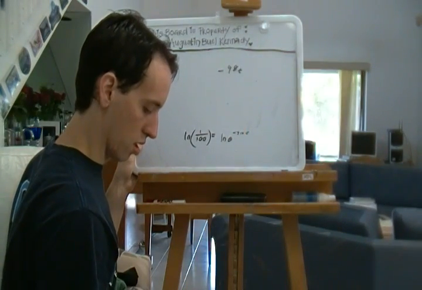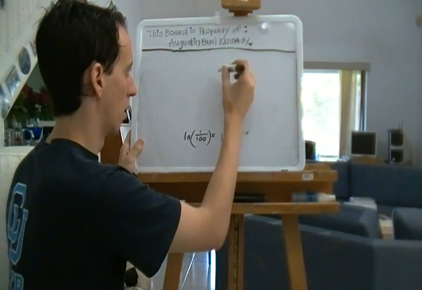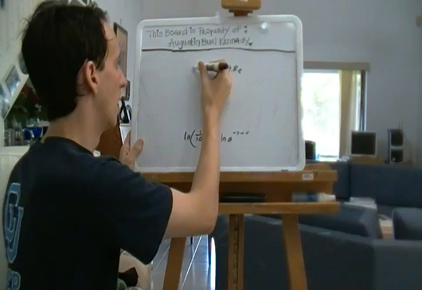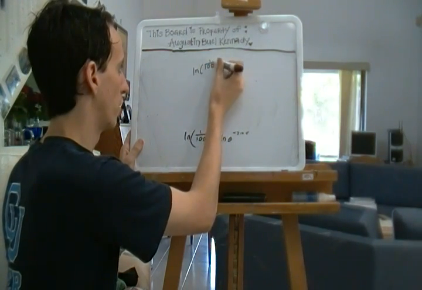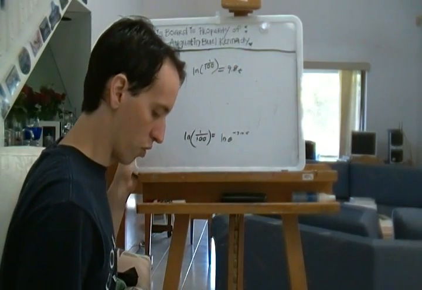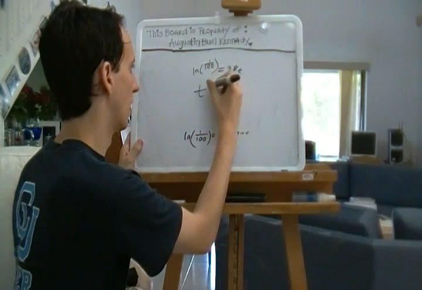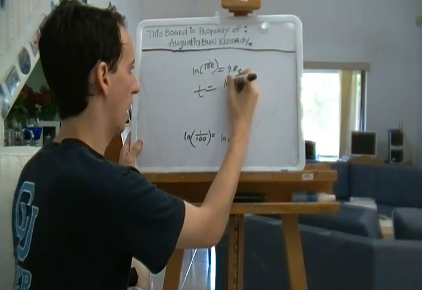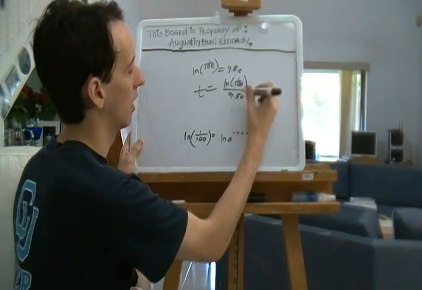We get negative 9.8t equals ln of 1 100th, and then we have t equals ln of 1 100th over negative 9.8.